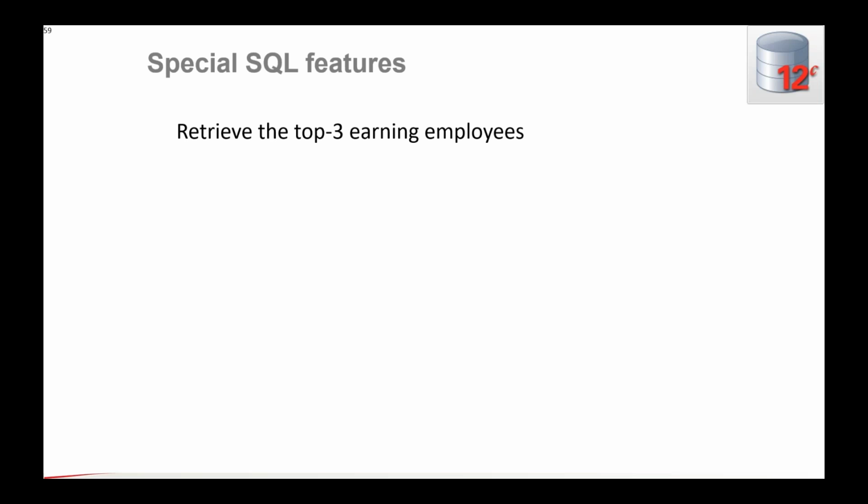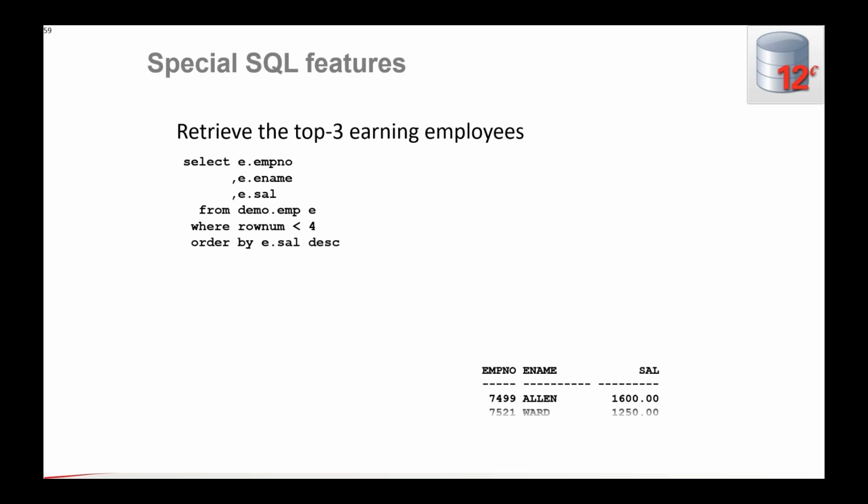Let's say we want to retrieve the top 3 earning employees. What most people do is create a query like this and say, I want the top 3, so the row number should be less than 4. It gives me a result, which is not correct, because the order by is done on the result set.